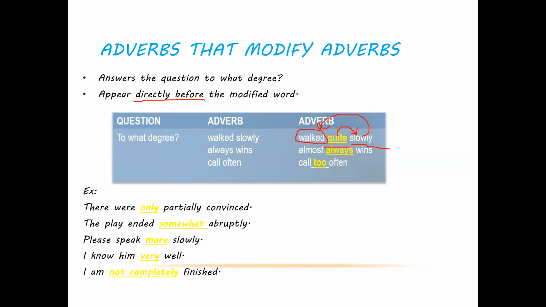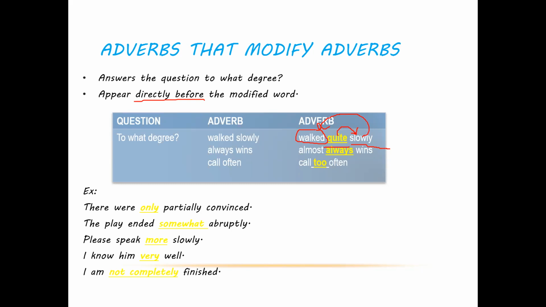Nagkaka-modified sila. But do you understand? It appears before the modified word. So meaning, slowly is the adverb, another adverb is quite. Hindi sobrang slowly, quite slowly lang. Okay? Another example, almost always wins.